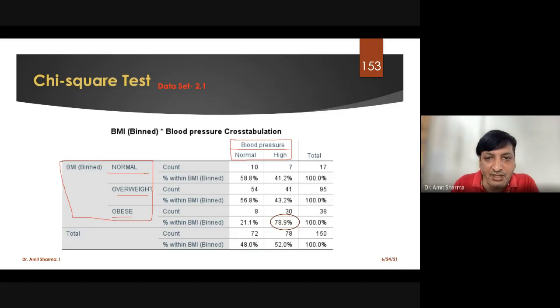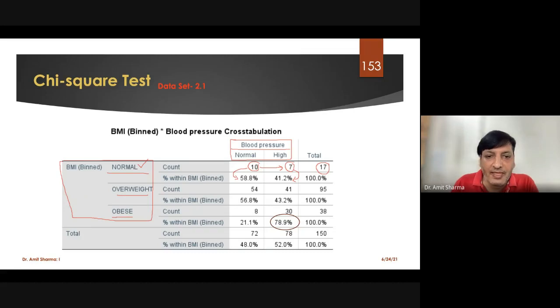You can see that persons having normal BMI and normal blood pressure were only 10, but persons having normal BMI but high blood pressure were 7. So the total persons having a normal BMI were 17. This 17 is 10 plus 7. Clear? And this is the percentage of 10 and the percentage of 7.